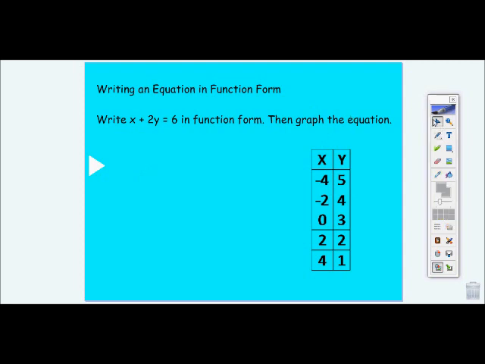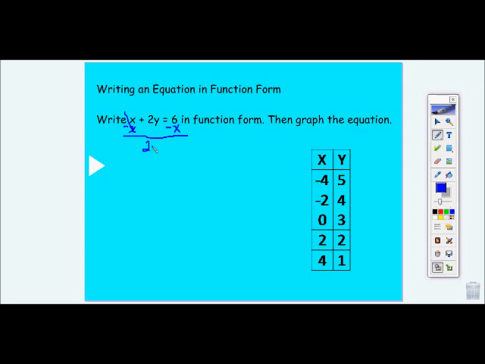So let me, first of all, let's do finger writing again and change this equation into function form. Again, to change to function form, we want to get our y by itself. So here we're going to get rid of the x first by doing a -x on both sides, balanced equation. Cancels those out.